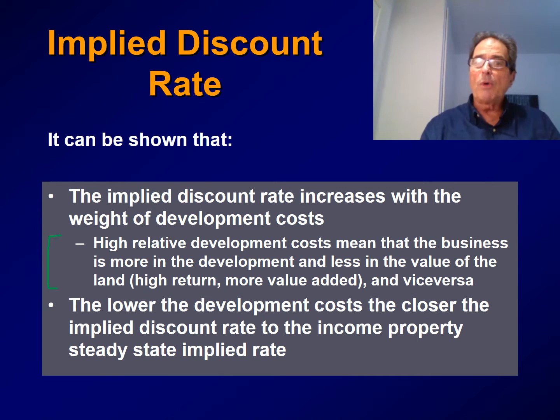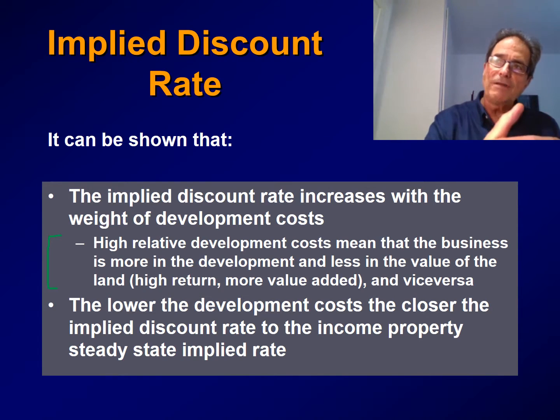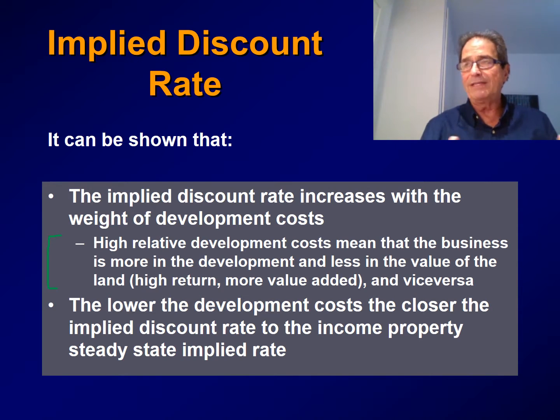On the other hand, the lower the relative importance of development costs and the more important the value of the land, the closer the implied discount rate is to the income property steady state rate. So there is kind of a continuum. The less important the value of the land and the more important the weight of the development cost, the higher the discount rate will be.